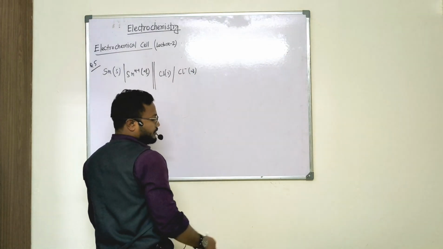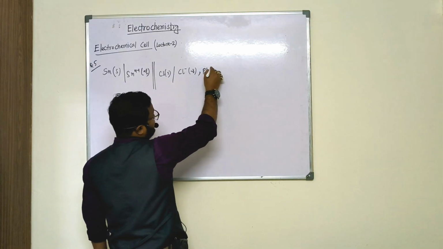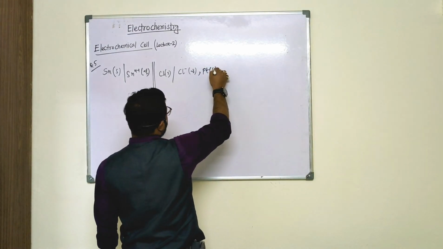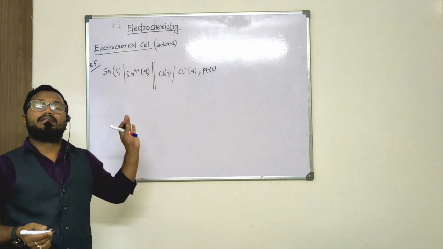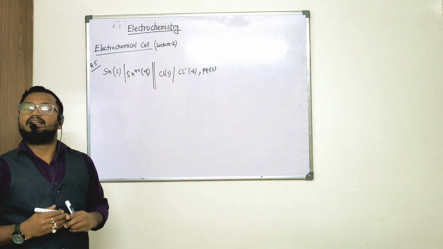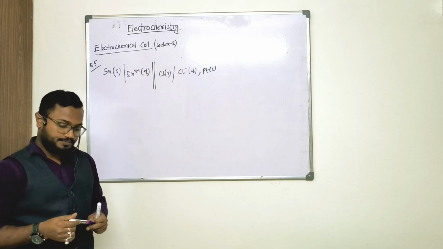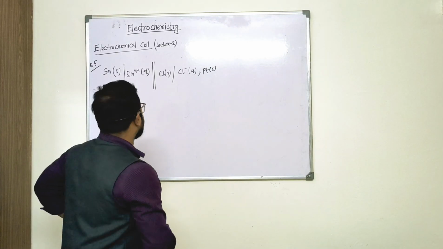This is given in the question, and Pt. Obviously we have to give one solid to complete the cell. In this case, how can we represent the cell reaction? And the equilibrium constant is also asked to find out. What are we going to do in this case?